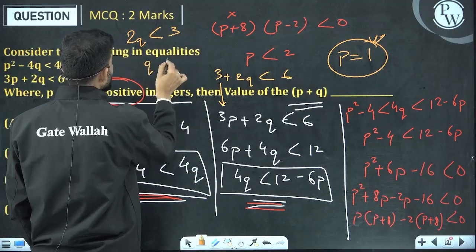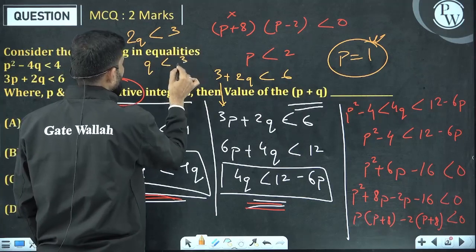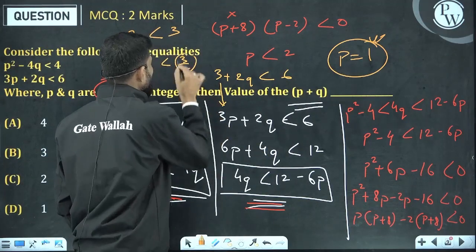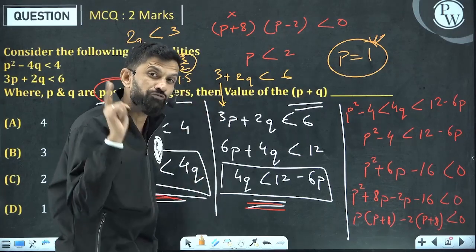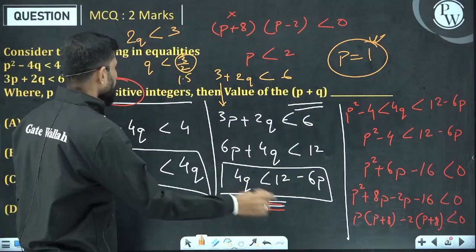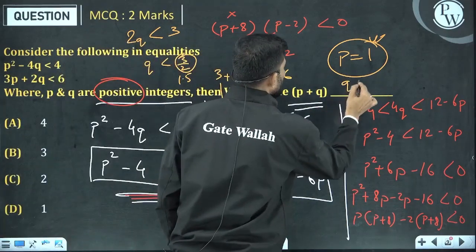So q is less than 3 by 2. Which is the positive integer? 3 by 2 is actually 1.5. We have to take an integer and it should be positive, so only 1 is possible. So here the q value is also equal to 1.